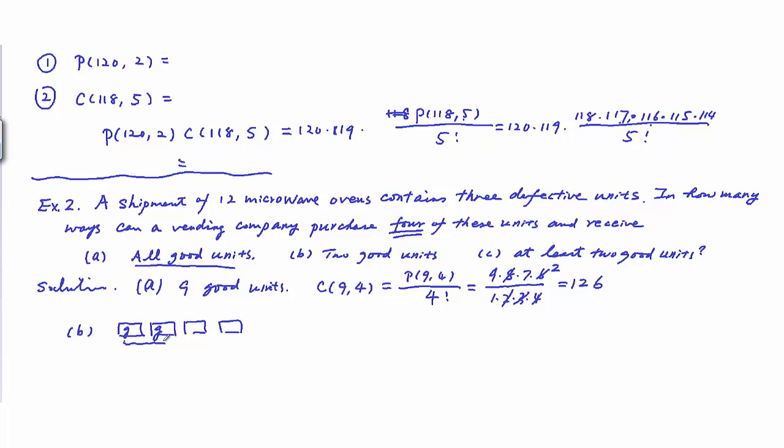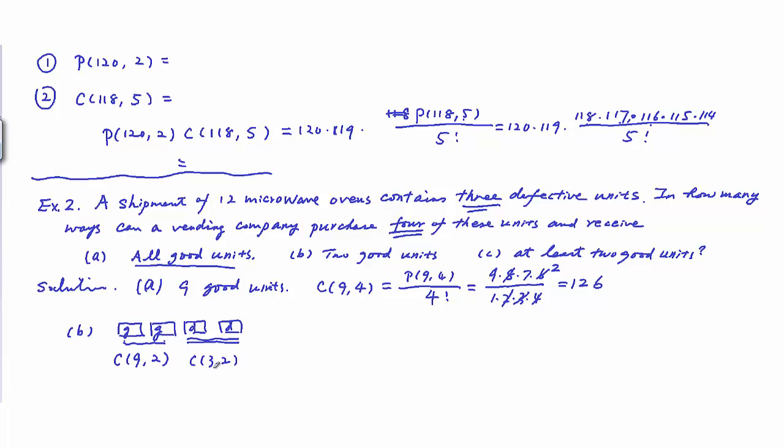For these 2 spots together, there are this many different ways you can do it. But then the other 2 will be the defective units. So we have 3 defective units, and then taking 2. Therefore, to fill out these 2 spots, you have a combination of 3, 2. You have this many defective units to choose.